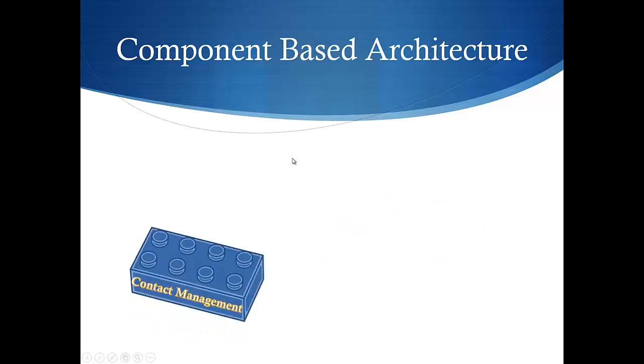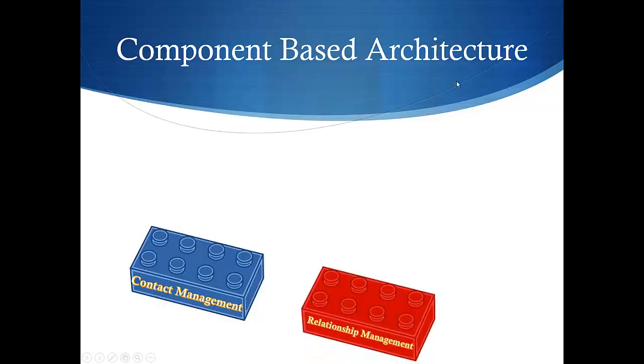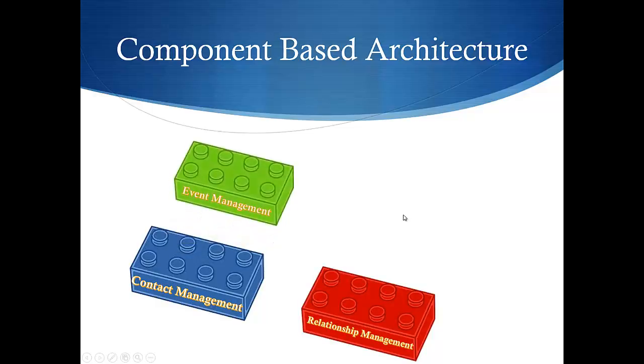So, when we talk about component-based architecture, again, think about the analogy of Lego blocks. First off, some of the core components of the eIS solution consist of contact management and relationship management components. Now, based upon your particular organization, you often want to hold events and be able to track and manage those events.